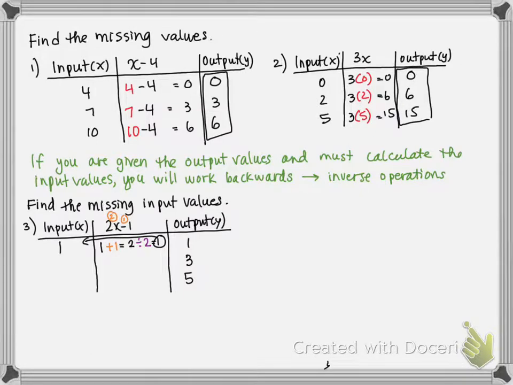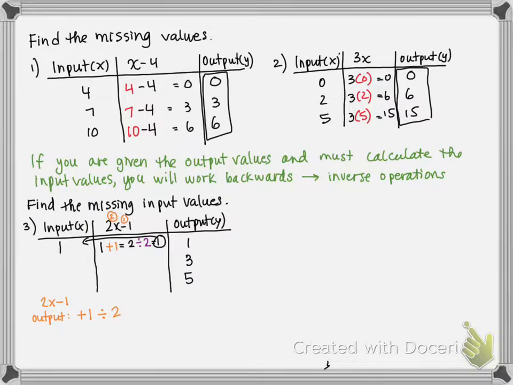So then we can test it. 2 times 1 is 2. 2 take away 1 is 1. So I test it back in to make sure that it works. So I'm doing inverse operations. So I'm going to write it underneath here. So when I have 2x minus 1, with the output, I add 1, and then I divide by 2.